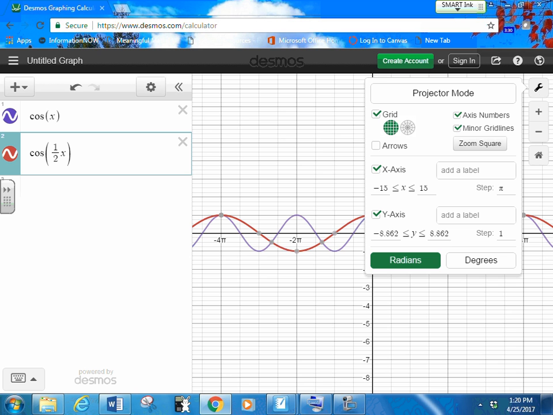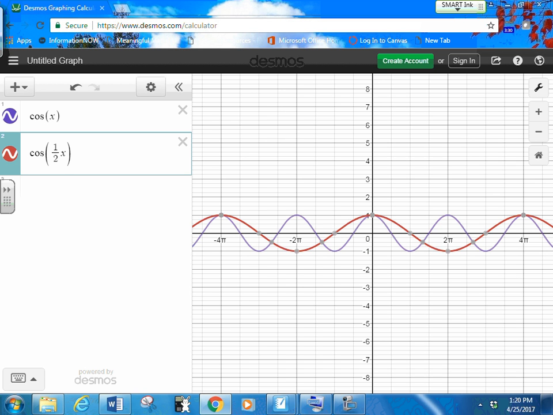What's happening? What's the range? My step is going up by 1, so on both of mine, the range is -1 to positive 1.